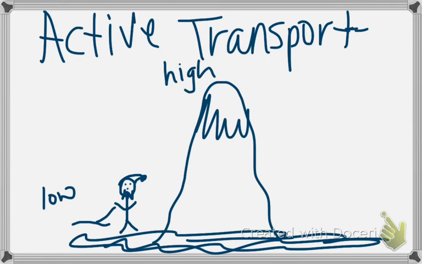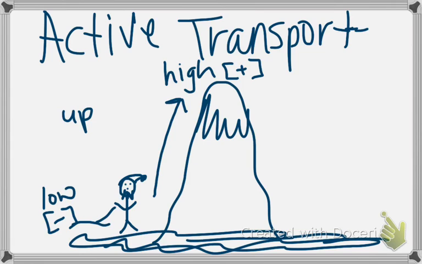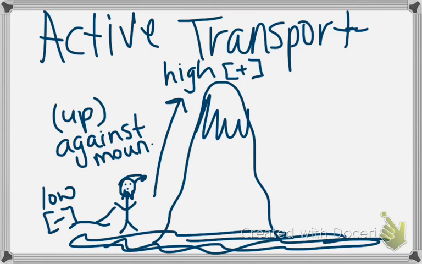So he's going to go from a low concentration to a high concentration or elevation. So that means he's going to go up against the mountain, the wind, the snow. Remember that mountain represents a concentration gradient.